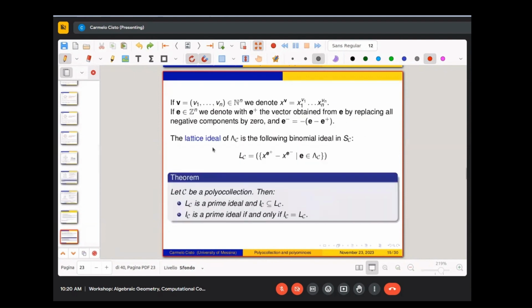A standard construction in commutative algebra allows us to introduce a binomial ideal associated to a lattice in this way.